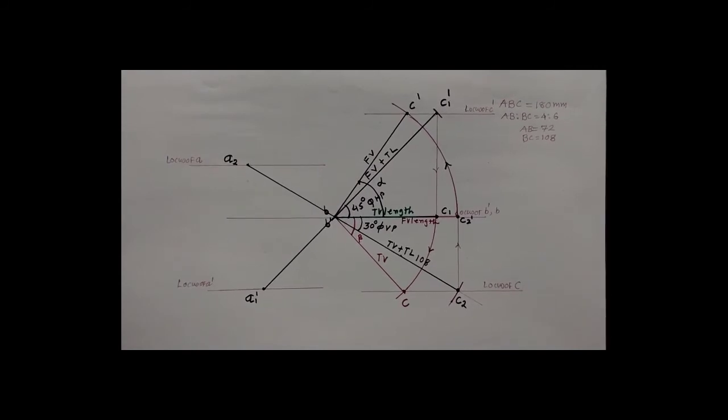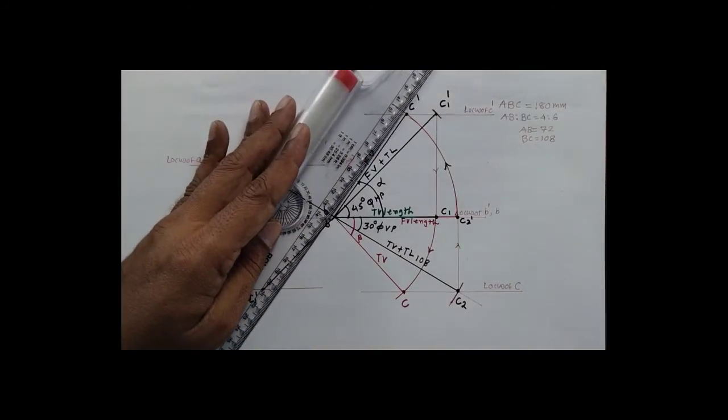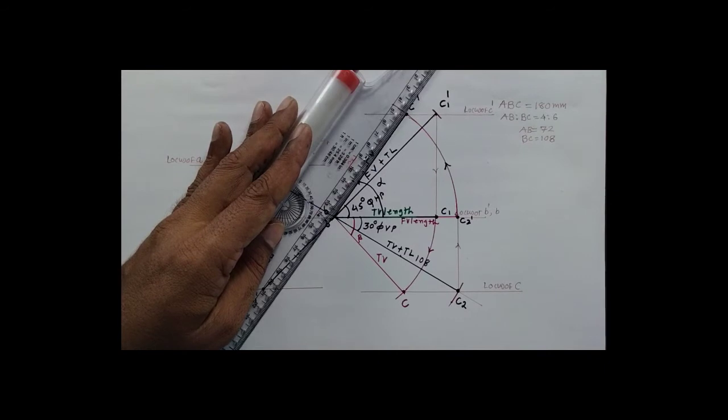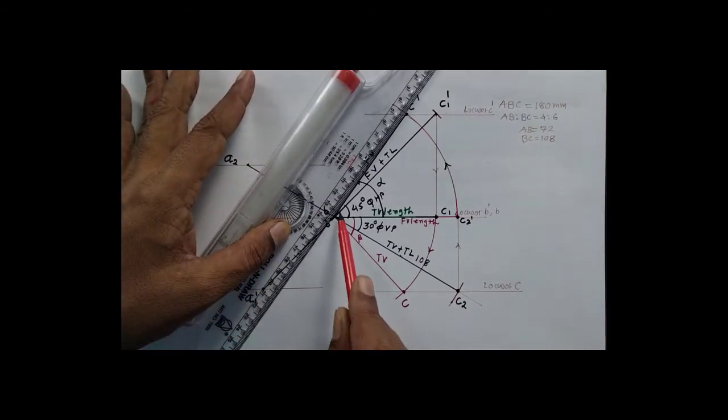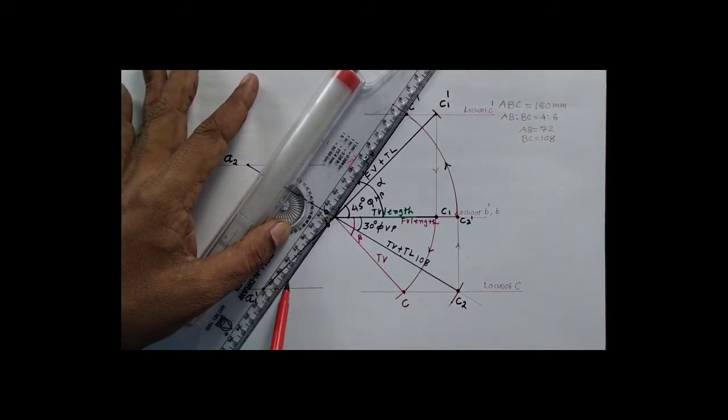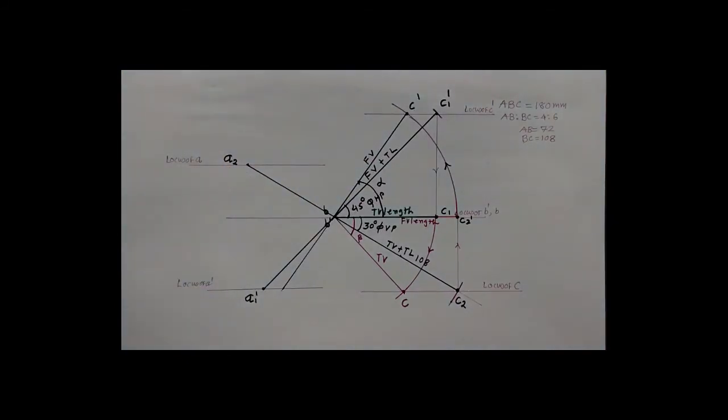Now for the actual elevation and plan points, I extend my actual elevation up to the locus of A dash. I got the A dash point.